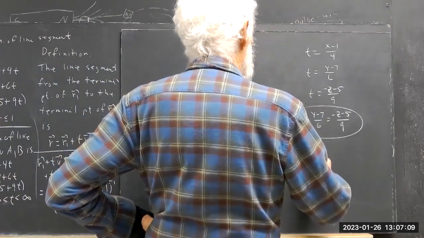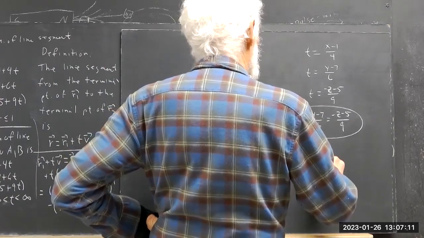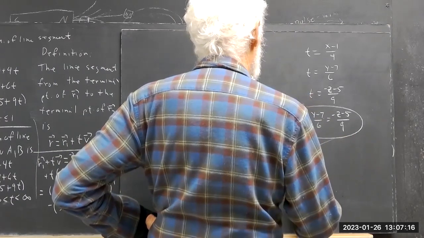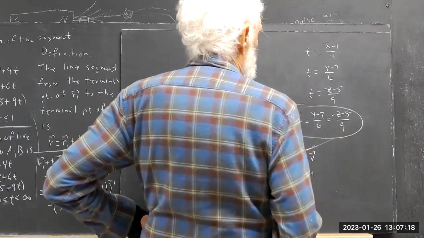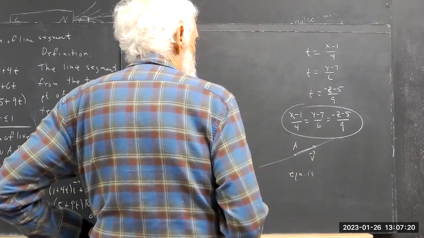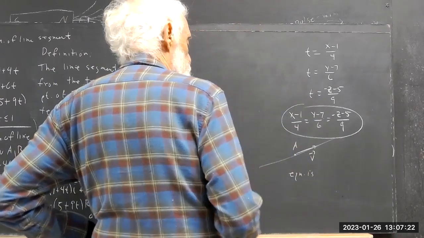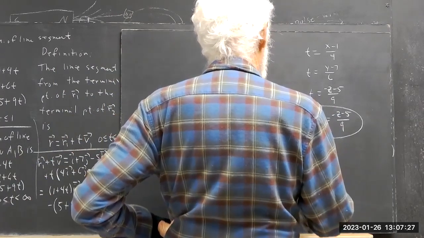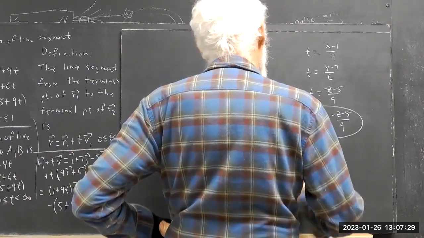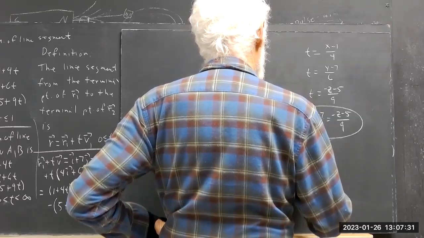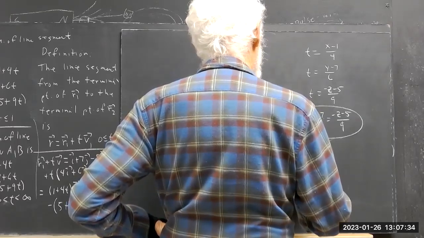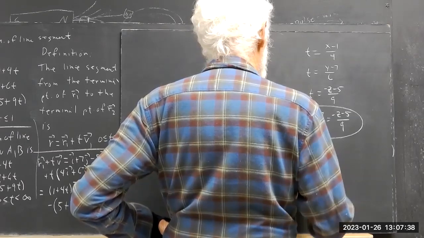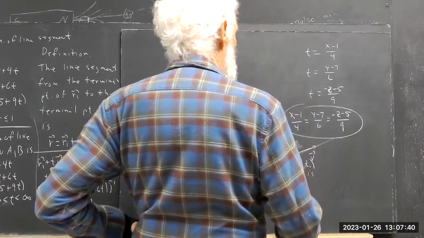Point A, vector B. So A equals X naught, Y naught, Z naught.